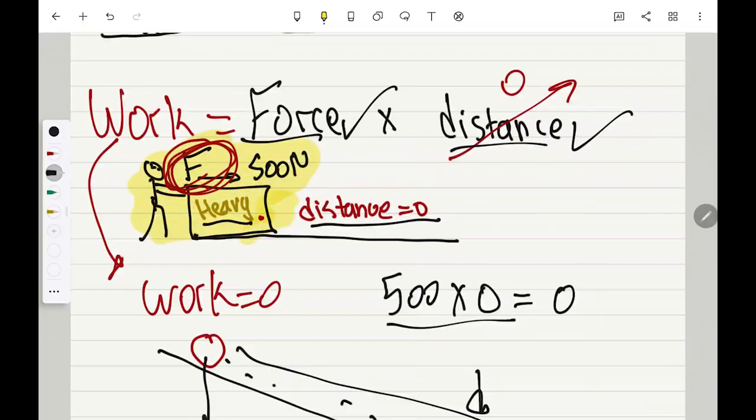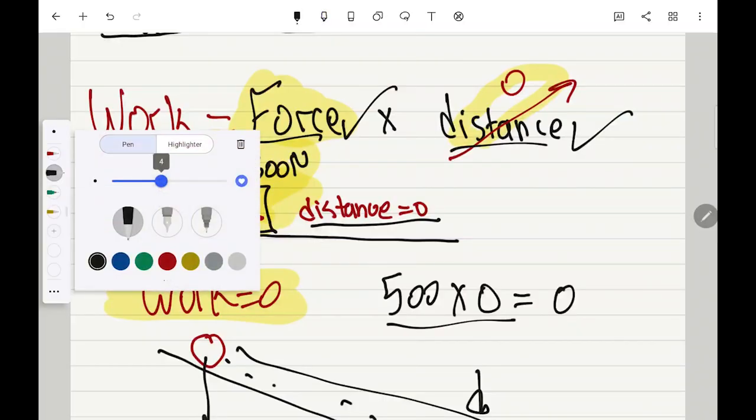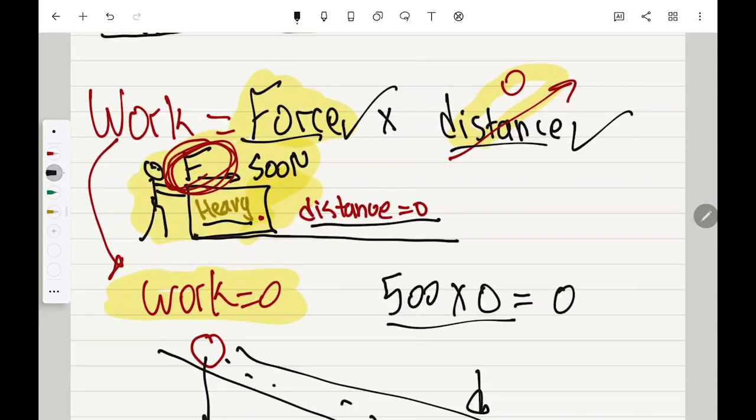This is a very common scenario, but what you should understand is if this scenario occurs, your work is always 0. For a very simple explanation: even though you have force, you don't have distance. Distance is 0. And if you take your force, which takes a certain value no matter what it is, and multiply it by 0, like we see right here, the result will always be 0.